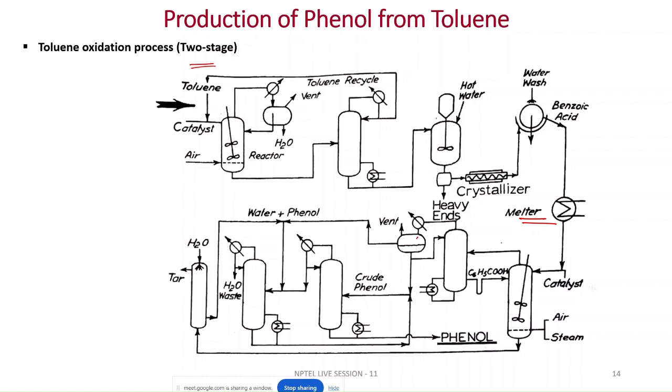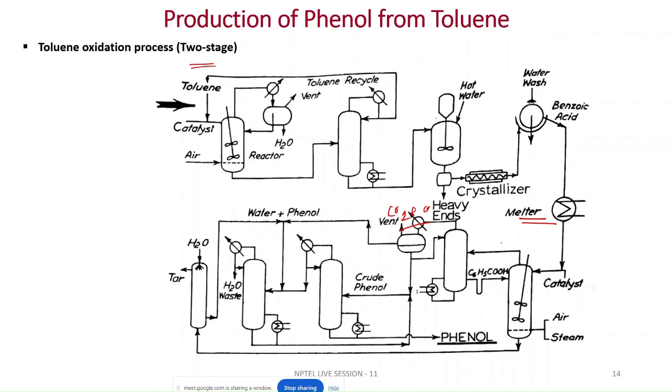At the gas-liquid separator, we get some CO2 and CO gas, and the bottom product of this oxidation reactor is taken to the heavy end, that is tar.